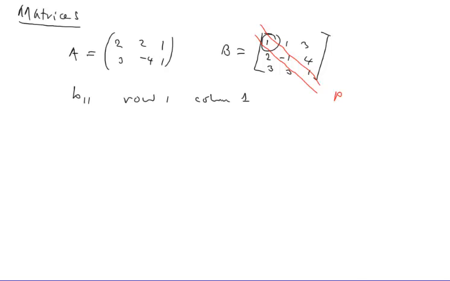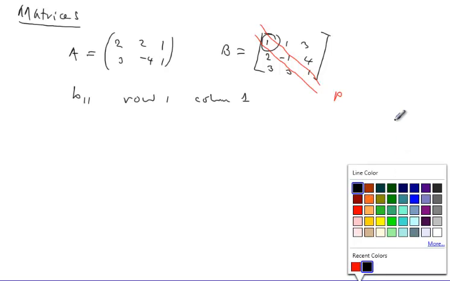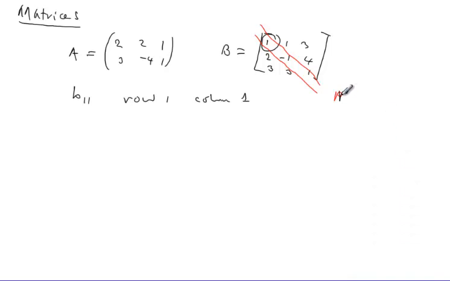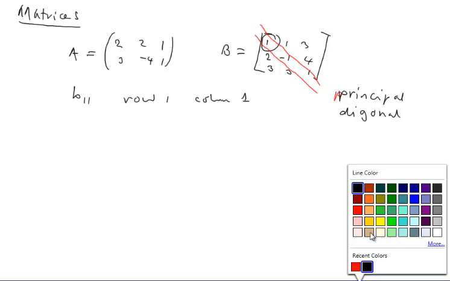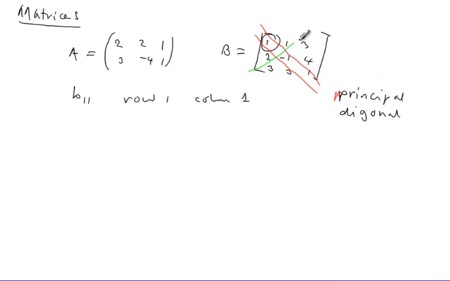We didn't talk about that yesterday, did we? No. That's the principal diagonal. And the other diagonal, which is this one, we call it the secondary diagonal. Is that right? Okay.